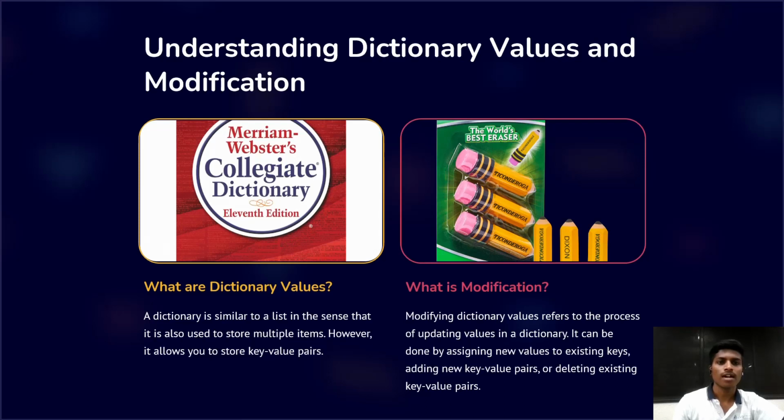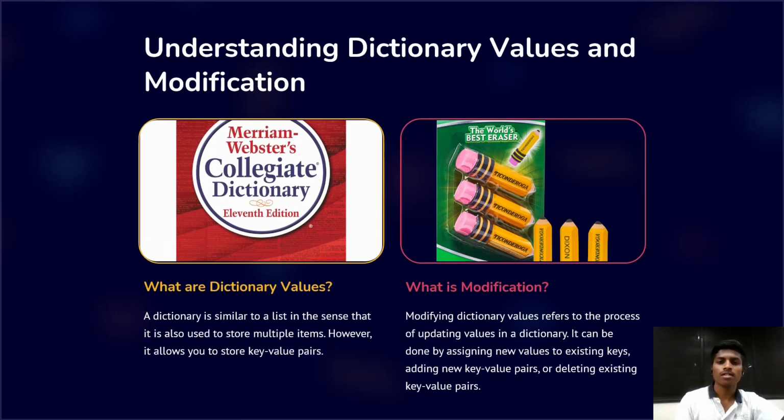So, firstly, understanding dictionary values and modifications. The biggest question is, what are dictionary values? A dictionary is similar to a list in the sense that it is also used to store multiple items. However, it allows you to store key-value pairs.